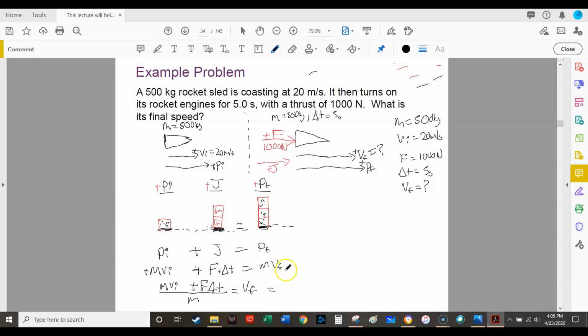Well, the initial mass is 500 kilograms. And the initial velocity is 20 meters per second. So that's going to be 100. Plus the initial force, that force of thrust is 1,000 newtons, which is huge. And that's over a period of time of 5 seconds, right?